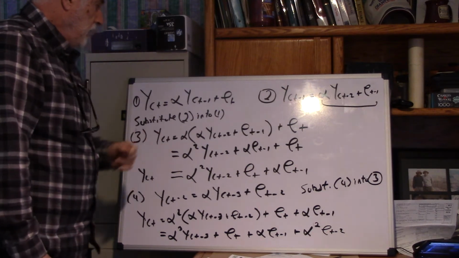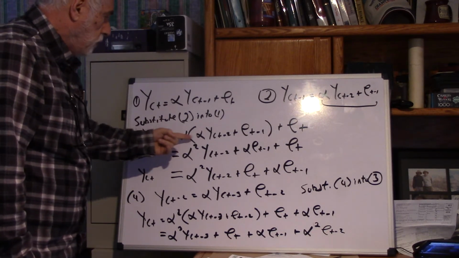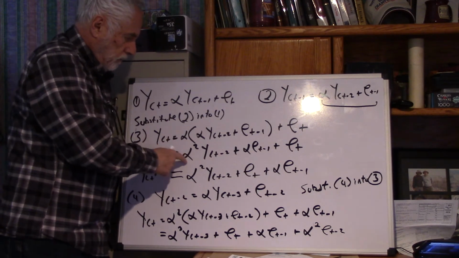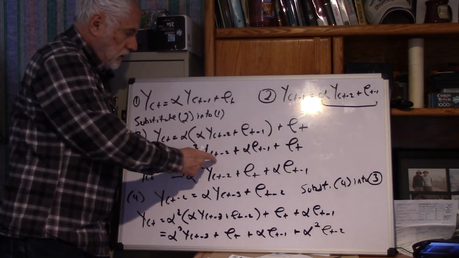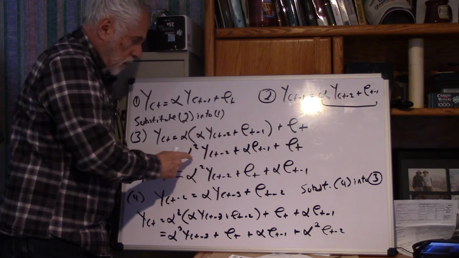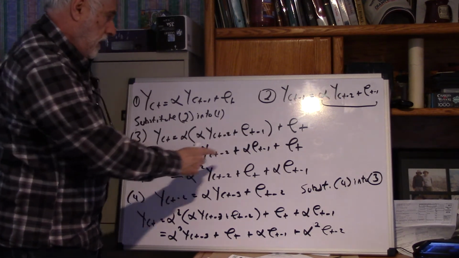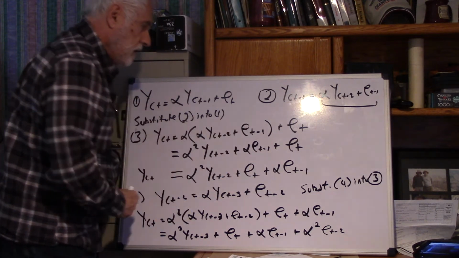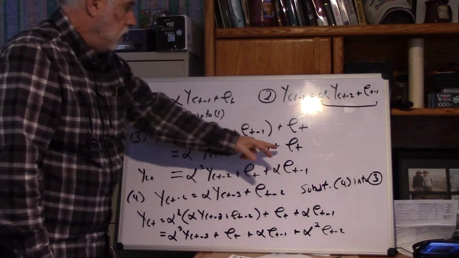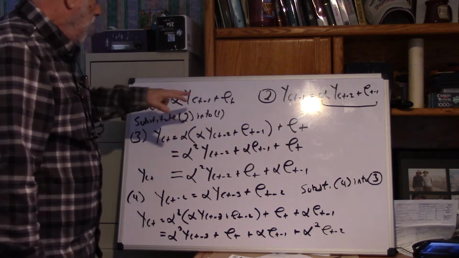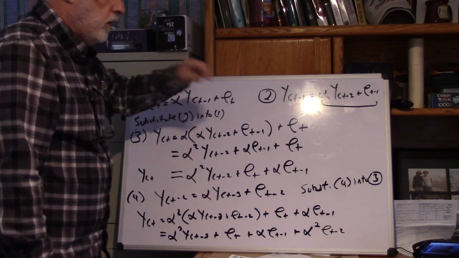So let me now multiply this alpha through. So what I do is I get alpha times alpha, which is alpha squared, times Y^C_{t-2}, and then this alpha times ε_{t-1}, which is alpha times ε_{t-1} right here. I'm just multiplying the alpha through. And then what I have is plus ε_t. So again, just to repeat, I have the two equations, equation 1 and equation 2.